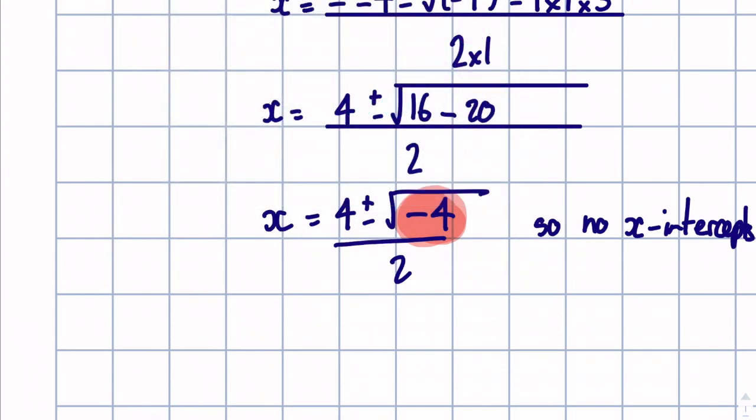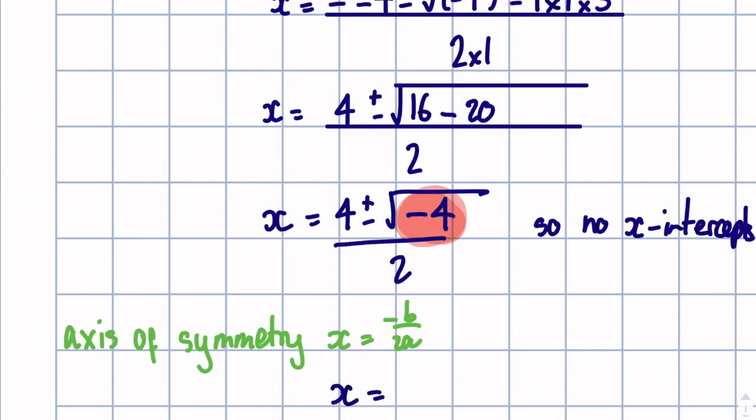Next step is the axis of symmetry. Now, back in exercise 3D, we added the x-intercepts and divided by 2. Here we can't because there aren't any, so we do minus b over 2a, which some people were doing back in 3D anyway, which was good. So x equals now minus negative 4 over 2 times 1 gives us 4 over 2, which is just 2.